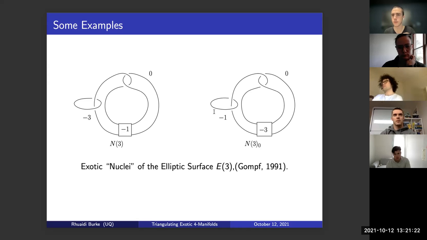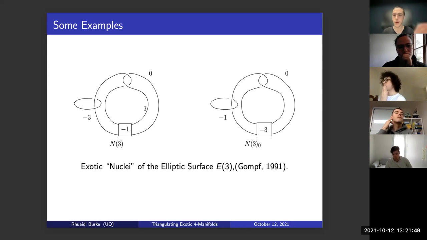So this is sort of like a copy of CP2 connect summand. And so one of the allowable moves in Kirby calculus is that I can slide this guy off, and that represents a direct sum. So this thing on the right admits some kind of prime or connect sum decomposition.